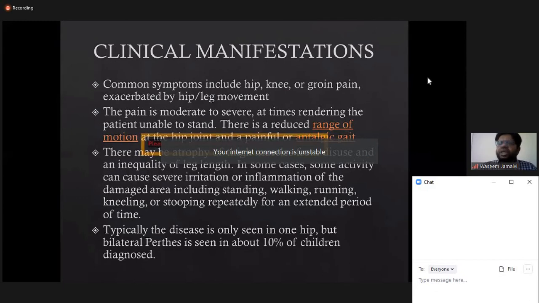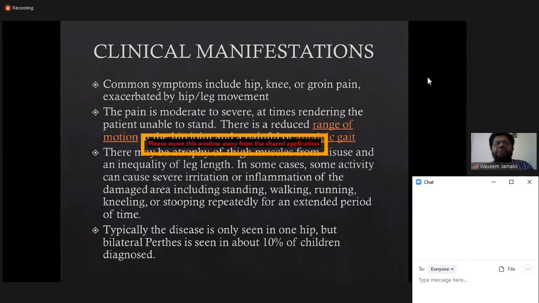The child during walking very slowly puts their foot on the ground for a couple of seconds, and immediately moves through. So this is the typical antalgic gait.